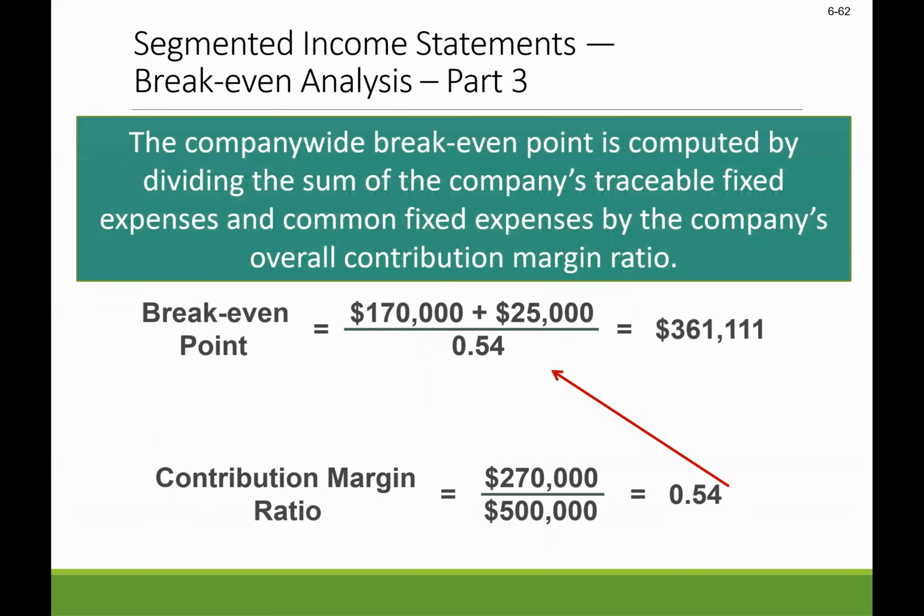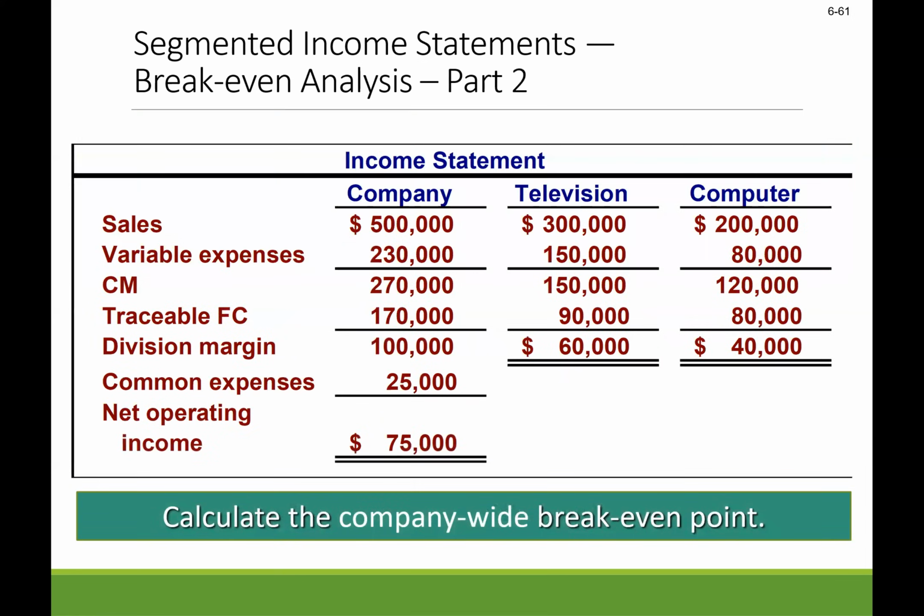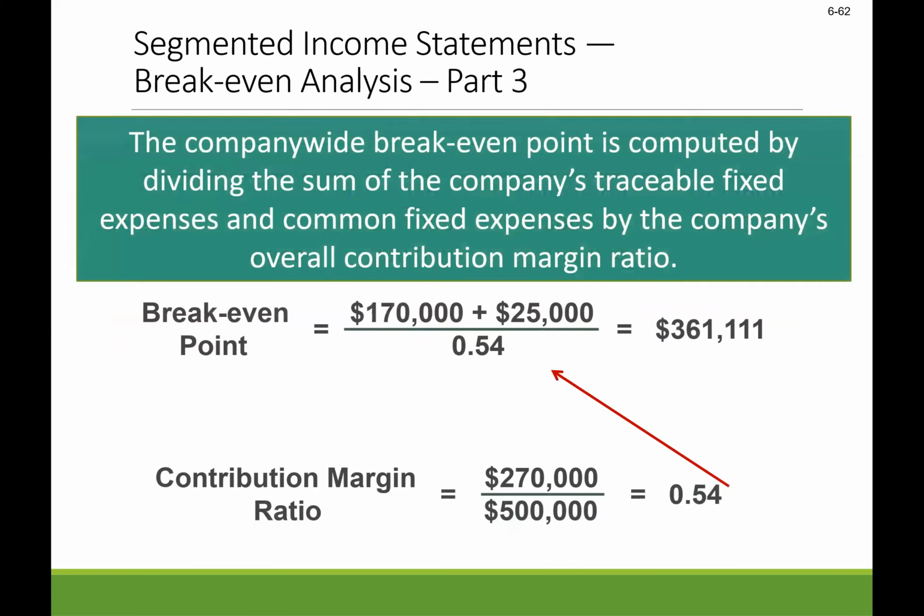Now, how do we calculate the break-even point? The company-wide break-even point is computed by dividing the sum of the company's traceable fixed expenses and common fixed expenses by the company's overall contribution margin ratio.